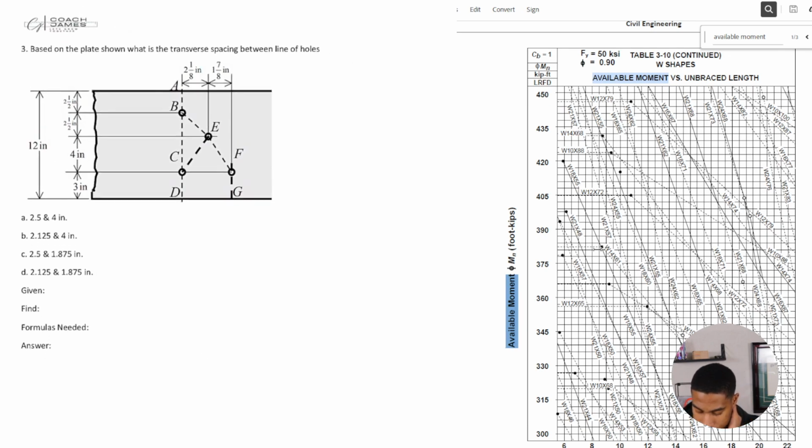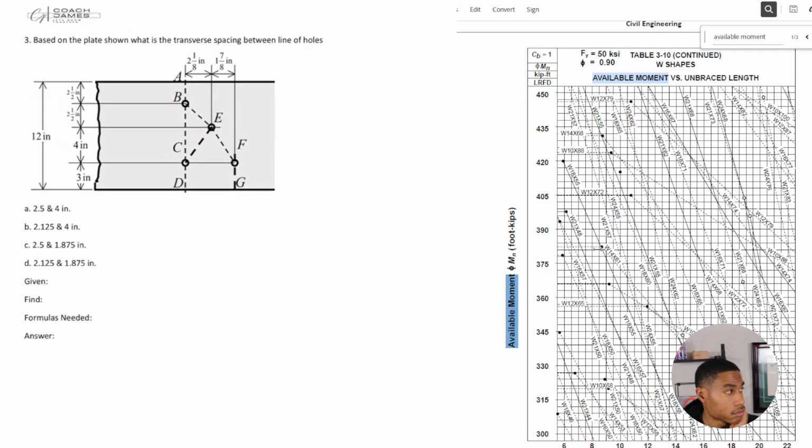Let's look at number 3. Number 3 says, based on the plate shown, what is the transverse spacing between line of holes? So what information are we given?